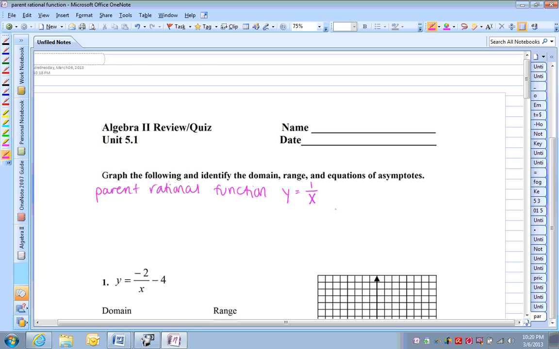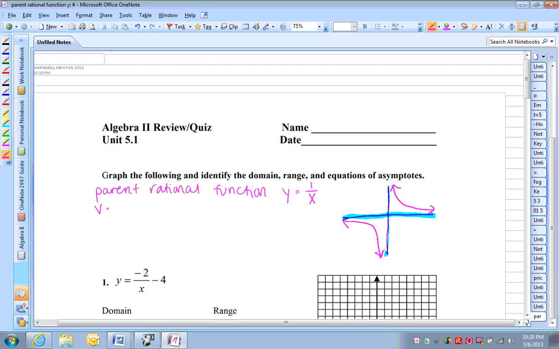If you recall from the worksheet we did in class, it had curves in the upper right-hand quadrant and the lower right-hand quadrant of the graph. The word asymptotes means lines to which a graph will approach but never touch. The axes are the asymptotes of the parent rational function.